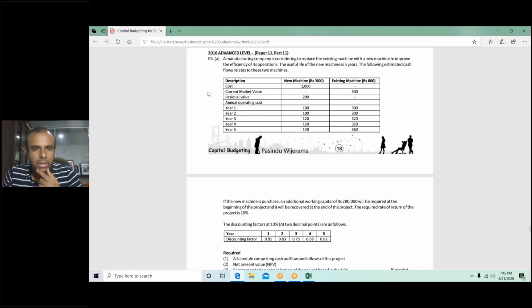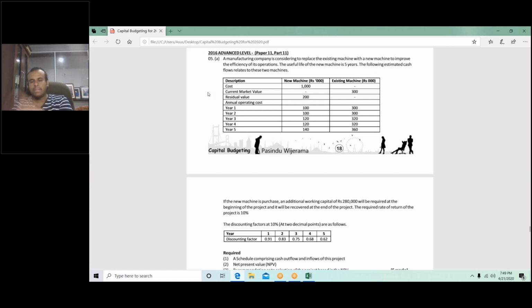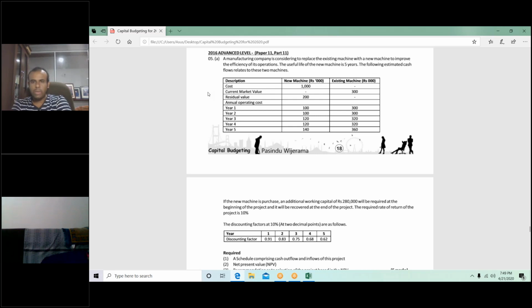Now if you go through the new machine cash flow information, there is a cost of 1 million, and a residual value of 200,000, and the operating costs are given. If you keep the existing machine, there are also operating expenses.